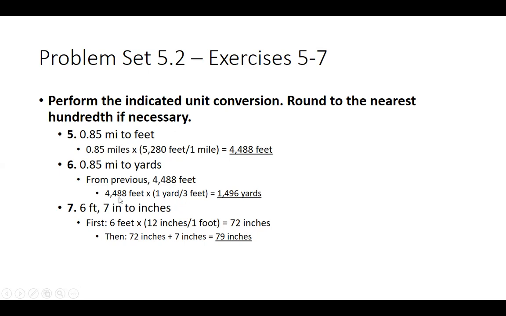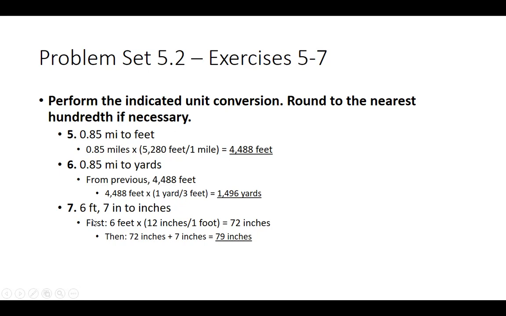Starting with that 4,488 feet, knowing that we want feet to cancel, feet has to be on the bottom of our conversion factor. Yards has to be on top since that's what we want. Feet cancel, leaving us with yards. We calculate 4,488 times 1 divided by 3, and we get 1,496 yards.